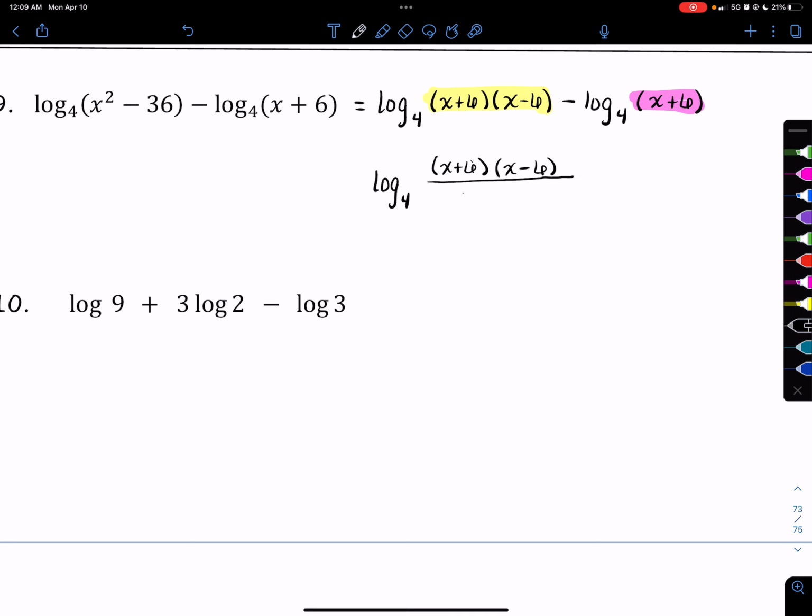In the denominator, I will have x plus 6. Looking at this, is there anything we can simplify from the numerator and denominator? Yes, these two here will reduce to 1. So we are left with log base 4 of x minus 6.